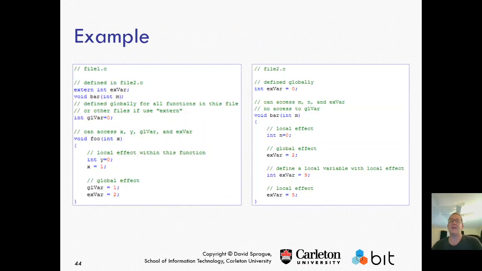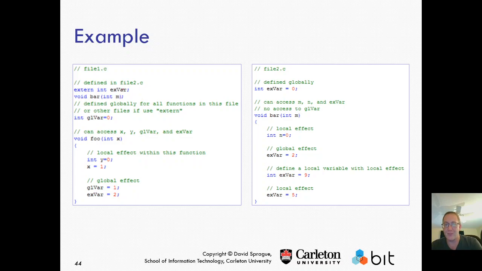So here would be an example of using an external file. Here's file 1, file 2 is the other one over here. File 1 has an external variable, a global variable, called exvar. File 2 has exvar as well. Notice it's a global variable, but since it's in this file, it exists in this file.